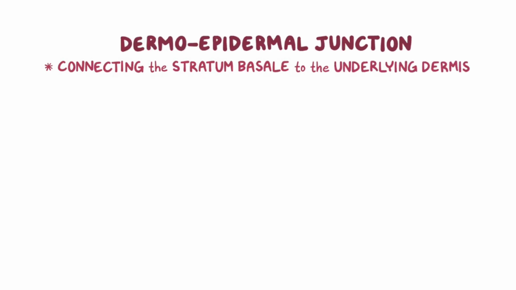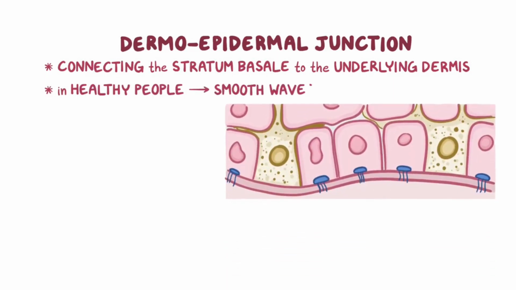Now, the part of the skin connecting the stratum basale of the epidermis to the underlying dermis is called the dermoepidermal junction. In healthy people, this junction looks like smooth waves between the epidermis and the dermis. But if you look closely at this junction, there are two parts.